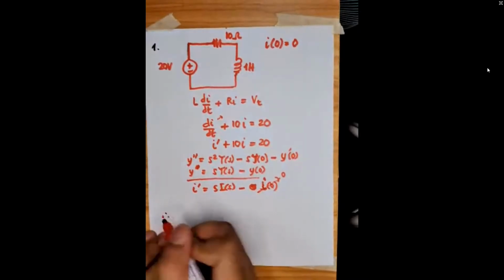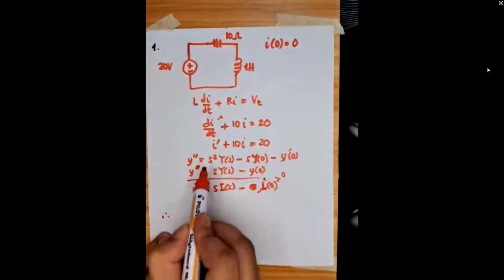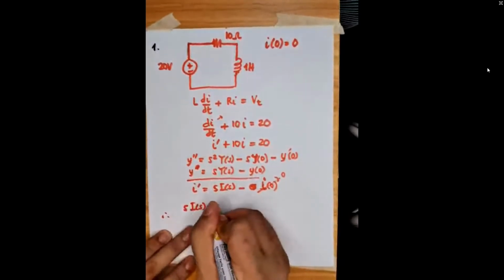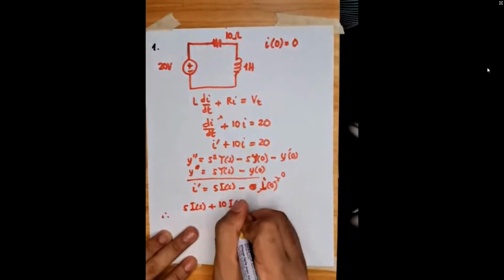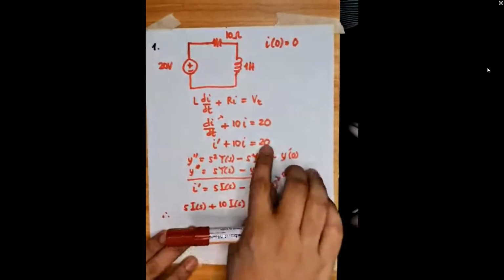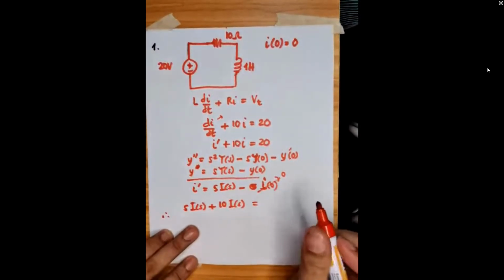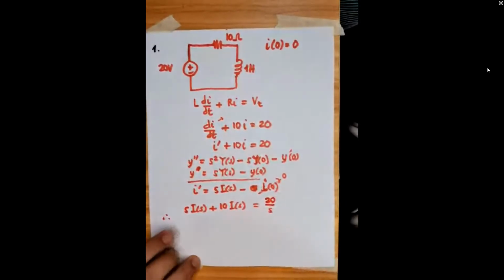Therefore we substitute. This is s I of s plus 10 I of s is equal to the Laplace transform of 20. That is the Laplace transform of a constant, so 20 over s.